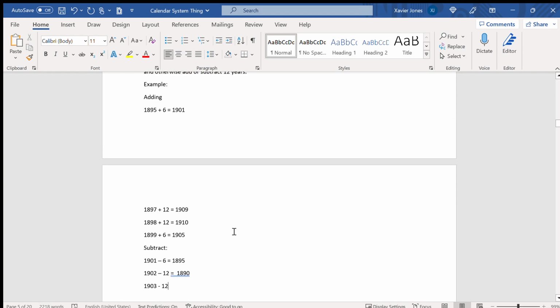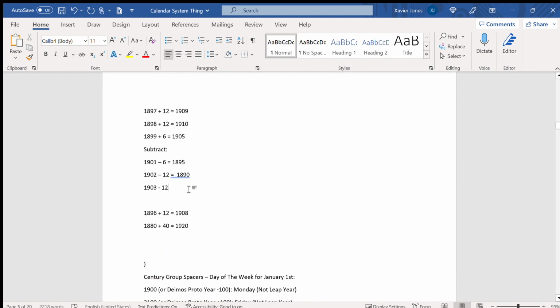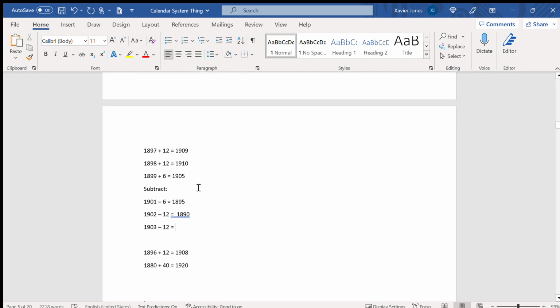1903 is 1 year before a leap year. So we're subtracting 12. Is that correct? It's not 1912, 1903 minus 12 is 1891.